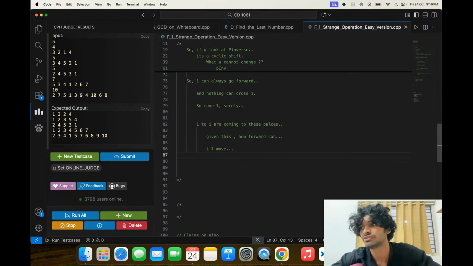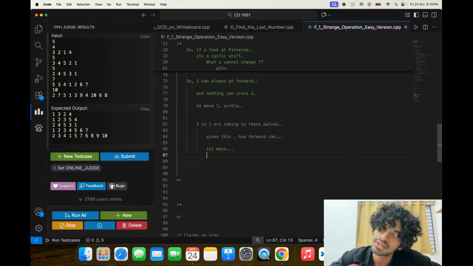So move I plus 1 first, as much as you can. Now move all the remaining things to their places.